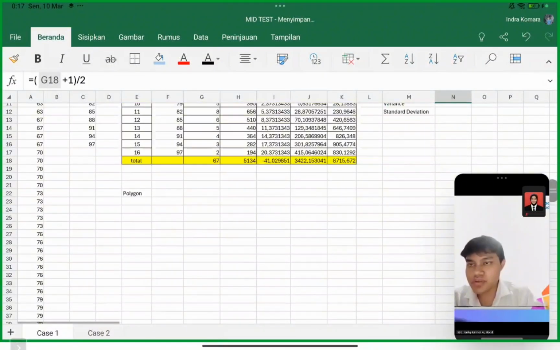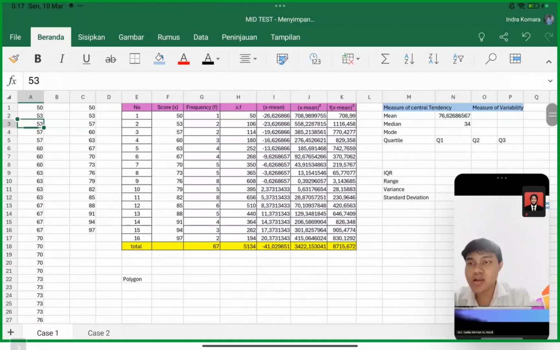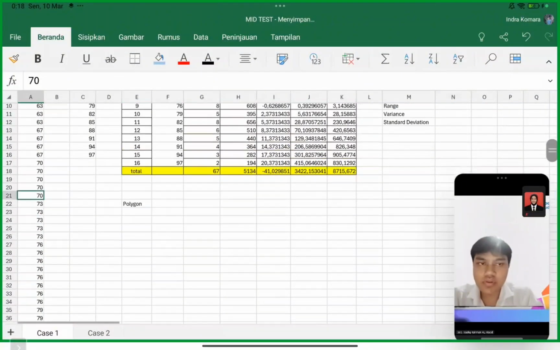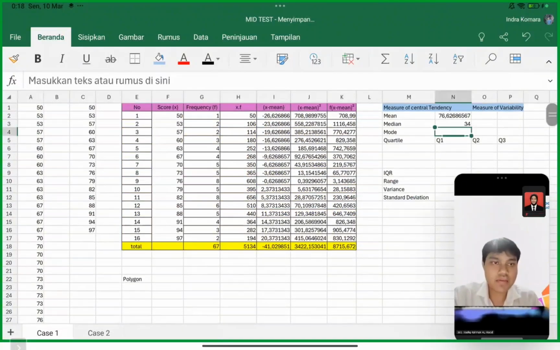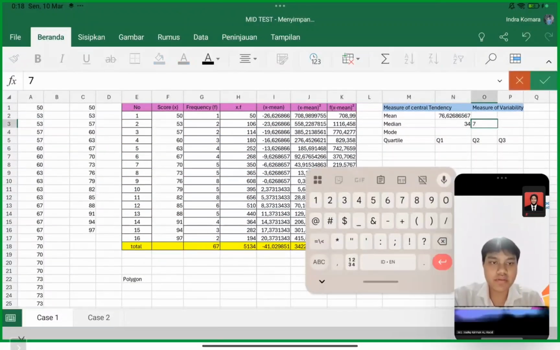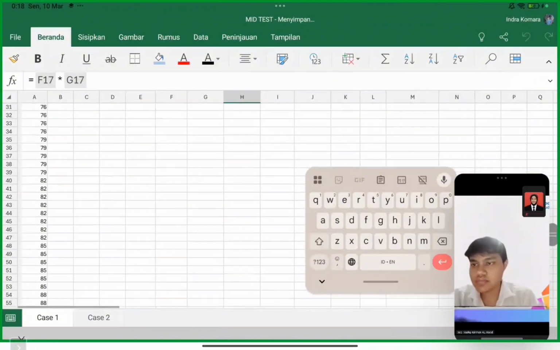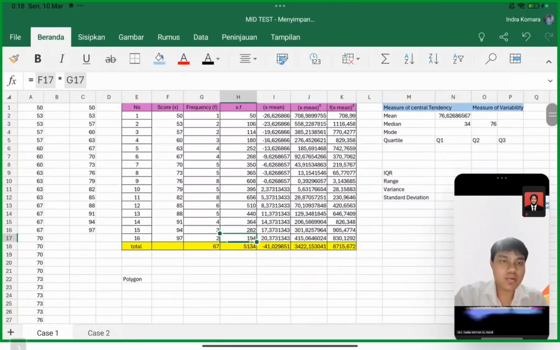So 34, you can find it in the data that you have sorted, so 34 is here, 76. 76 is the median. Okay, 34.